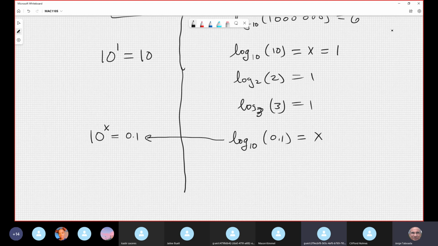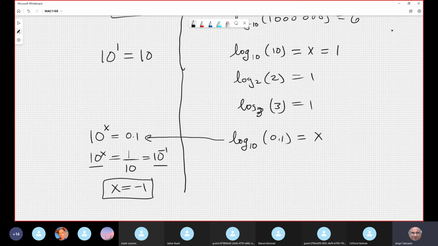But 0.1 is 1 over 10, the reciprocal of 10. But the reciprocal of 10 is 10 to the minus 1. Wow, same base as 10. Therefore, the answer is x equals -1. Do you see that? Do you follow me, the idea behind the logarithm?